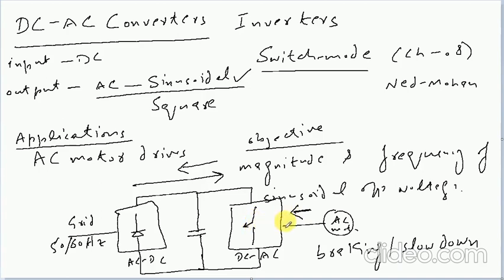One possibility is that in this brief interval in which the braking or slowing down of the motor takes place, and the motor starts to act as a generator instead of a motor or load, we can dissipate that energy by having a resistor in parallel to the capacitor we have over here.